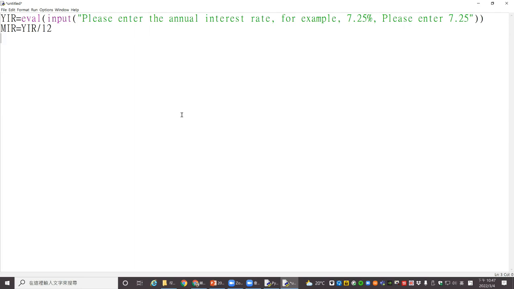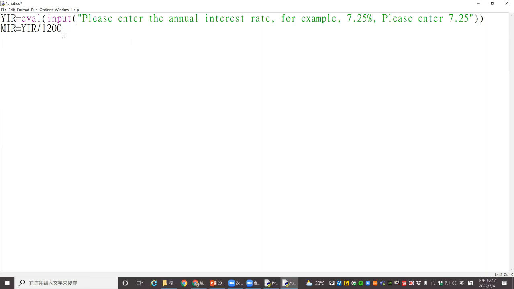Of course, for this part we have to mention another important thing: why your textbook puts 1,200 here. Actually your interest rate is 7.25%, but you enter just 725. So actually it is 100 times larger.